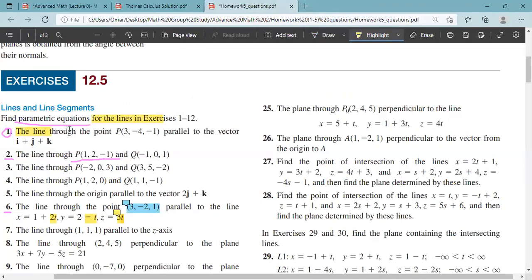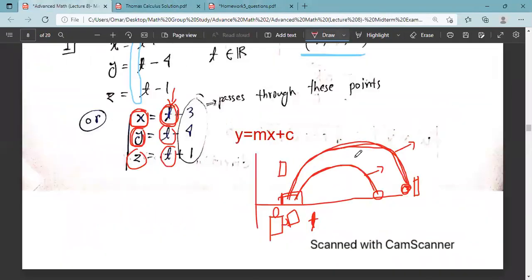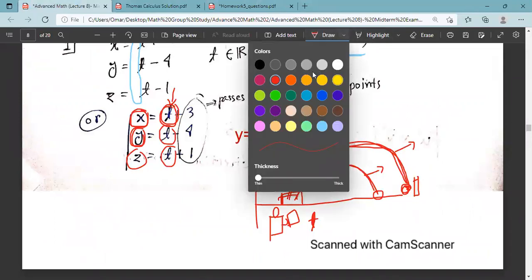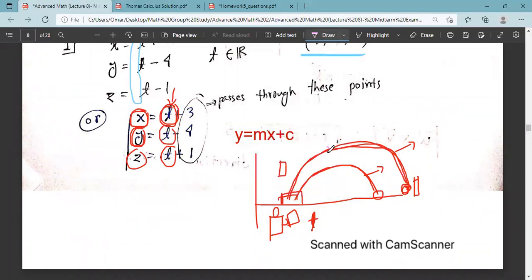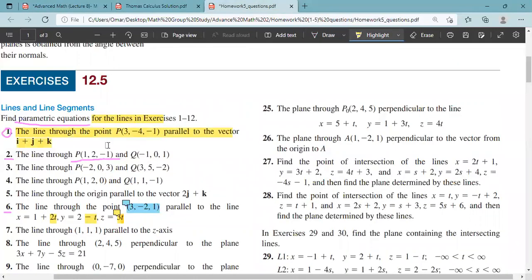So now we have to find the parametric equation for the lines. Here, the line through the point P(3, -4, -1) parallel to the vector i + j + k. So okay, maybe we can just imagine a point here. Maybe here. So this point is going to be (3, -4, -1), right?